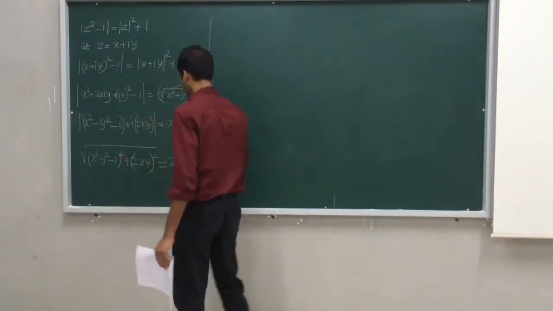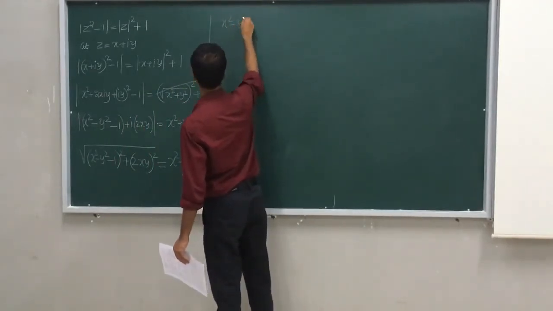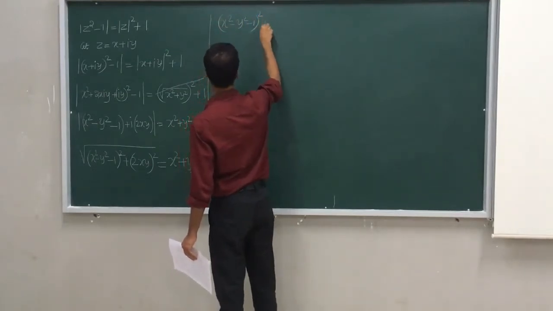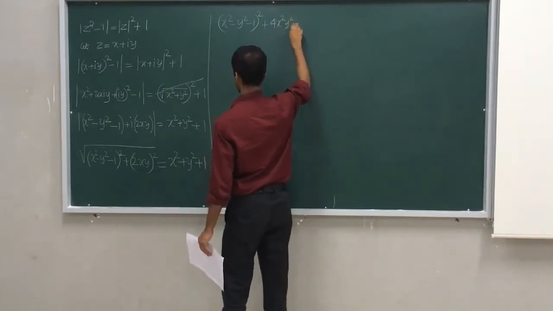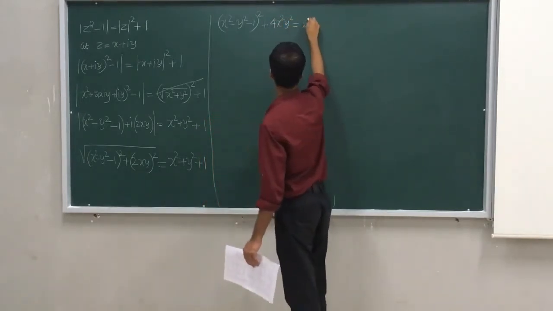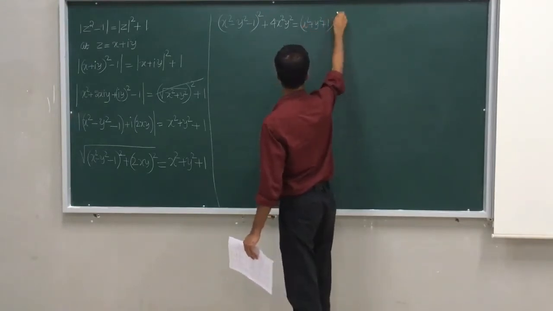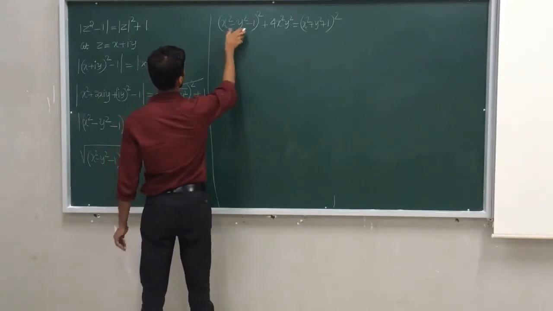I'll take the square on both sides so that I can cancel easily. This becomes (x² − y² − 1)² + 4x²y² = (x² + y² + 1)². So this is the point you have understood. Now it looks like (a − b)².